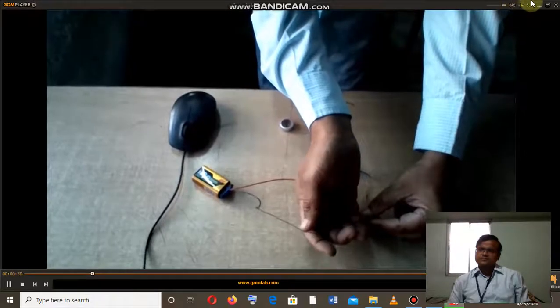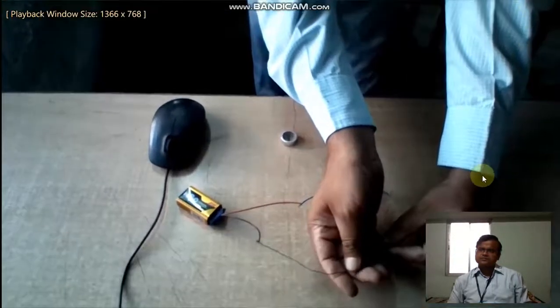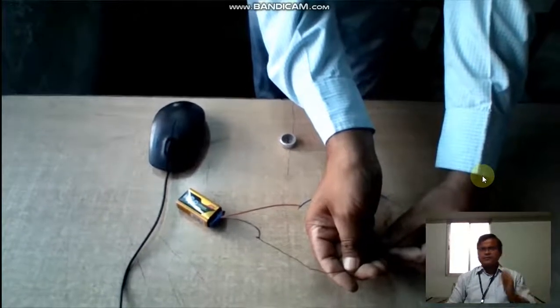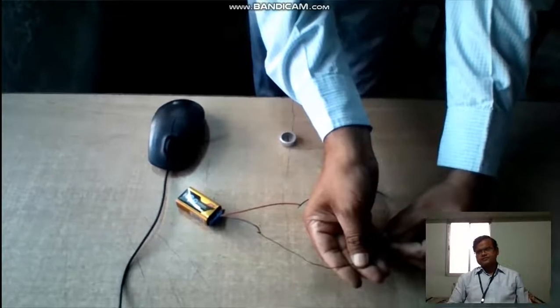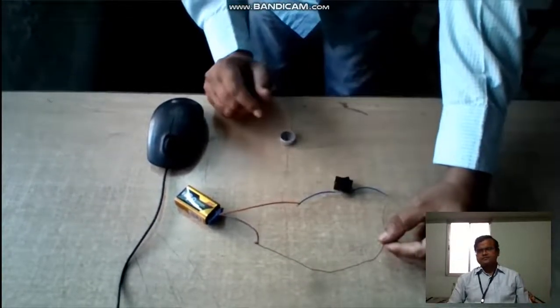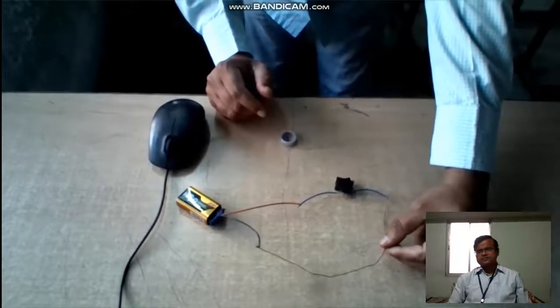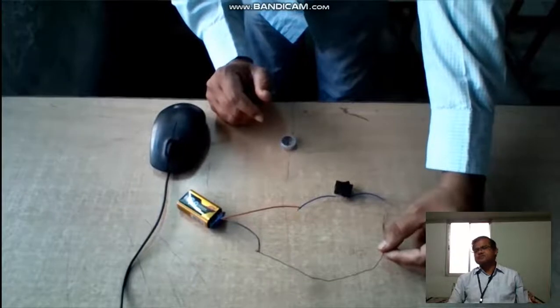Earlier it was cold. When the electric current is passed through it, it appears to be hotter. It will take some time. Yes, it becomes hot. It means that when current passes through a conductor, the wire gets heated. This is called the heating effect of current.